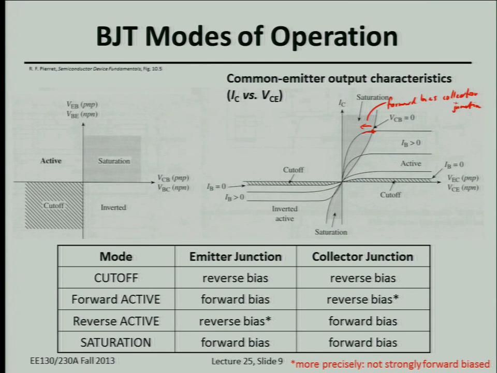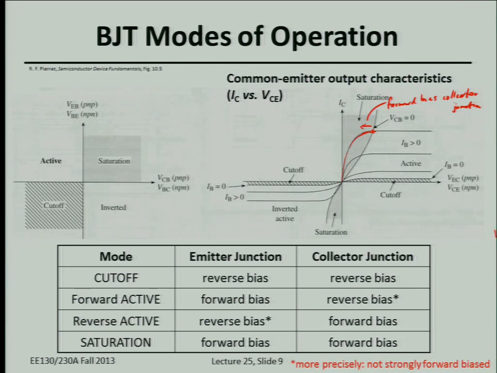Once you start forward biasing your collector junction, that sort of counteracts the forward bias of the emitter junction. And so that's why the total collector current goes down, because now you're injecting holes going the other direction, subtracting from the collector current. So eventually it goes to zero when you have no net bias across the collector and emitter.